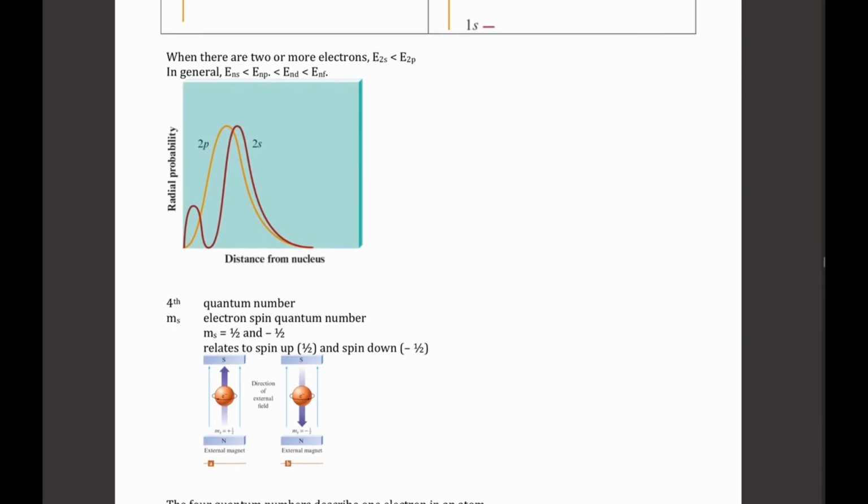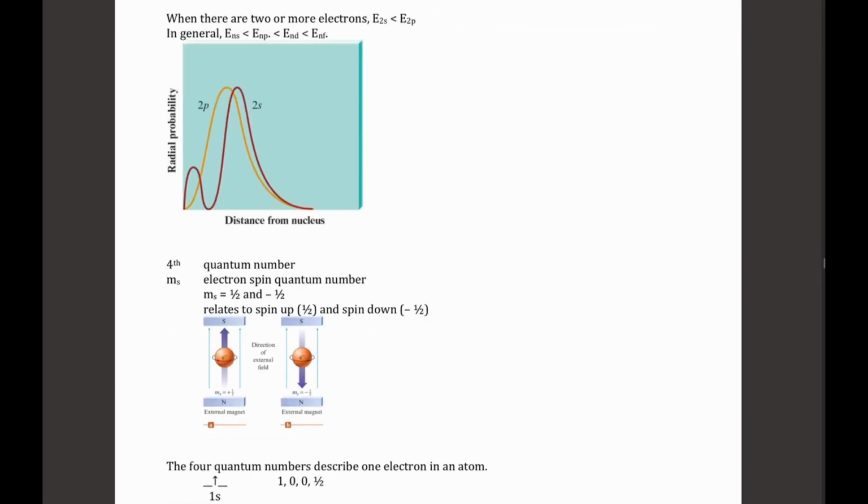The 2s atomic orbital, if we looked at probability versus distance from the nucleus, we see that on the 2s diagram, the red line curve, it has 2 peaks, one close to the nucleus, small, and one a little farther from the nucleus, but very, very high probability.